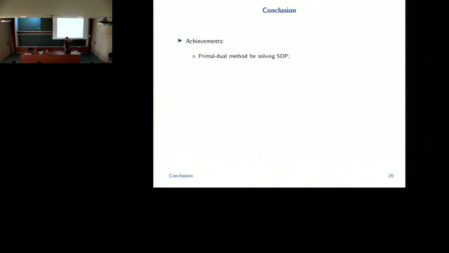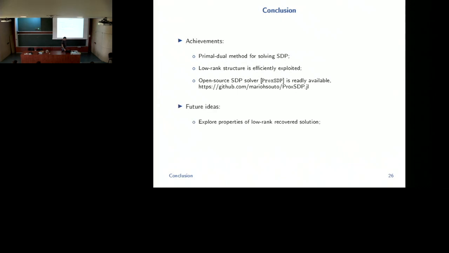So the achievements: we made a first-order primal-dual method for solving SDPs. It exploits the low-rank structure of the problem. It's available online, so everybody can see it right now, although it doesn't have a paper or a very good README.